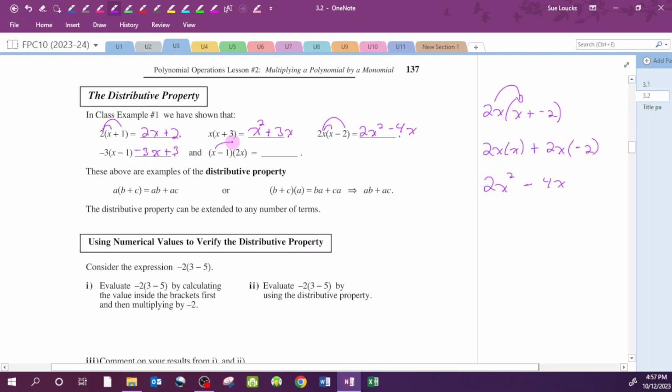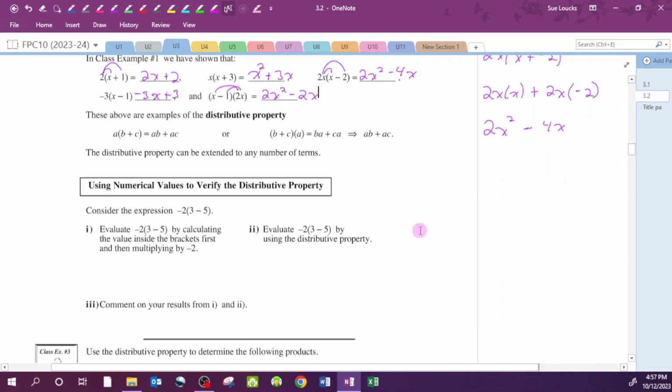So I've got to go x times 2x, which is 2x squared, and then negative 1 times 2x, which is minus 2x. All right. Okay, so these are examples of the distributive property, and you can extend it to any number of terms. That's what I was saying. It's everything in the first term, or the first factor, times everything in the second factor. And we will get into that later on this year.